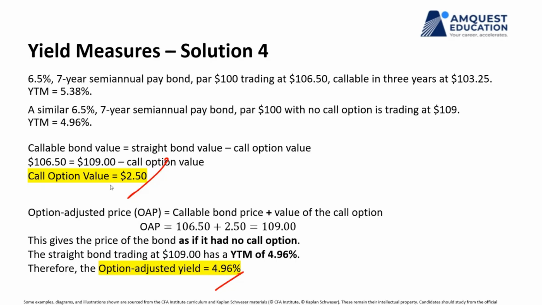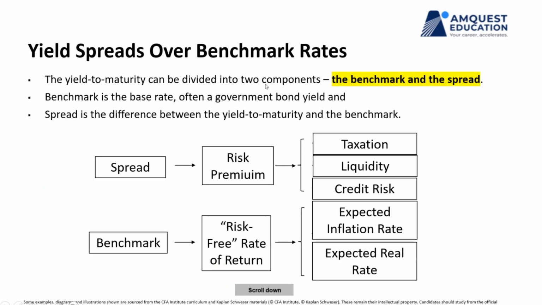to the next discussion parameter here, yield spreads over benchmark rates. Now remember, yield to maturity has two components, the benchmark and the spread, right? So when I say that the yield to maturity on a bond is 8%, that means that 8% is based on this plus this.